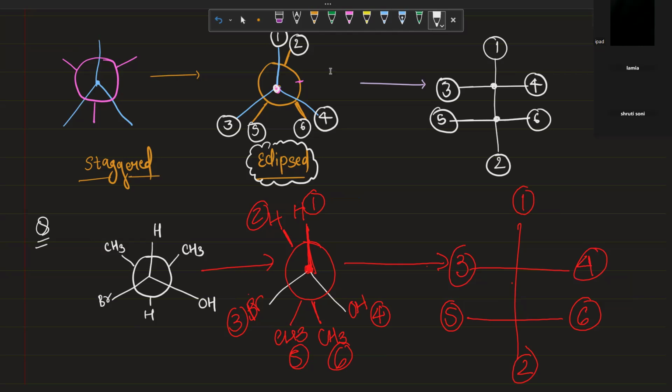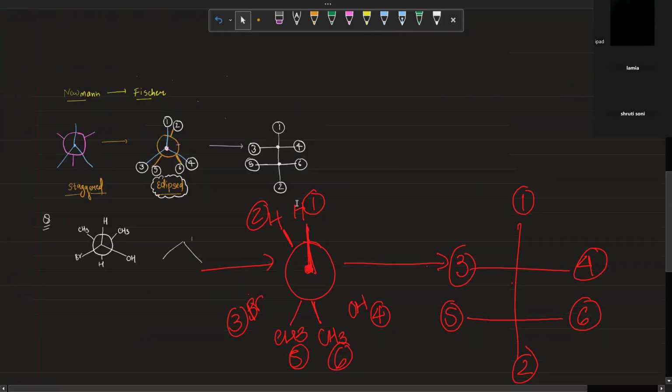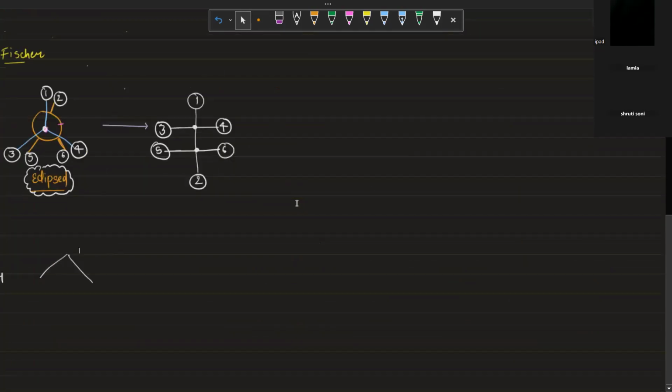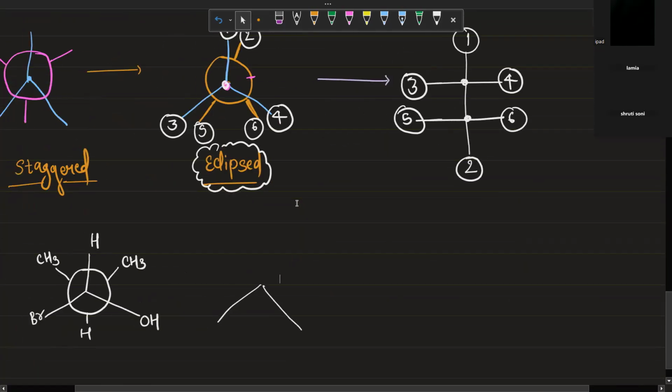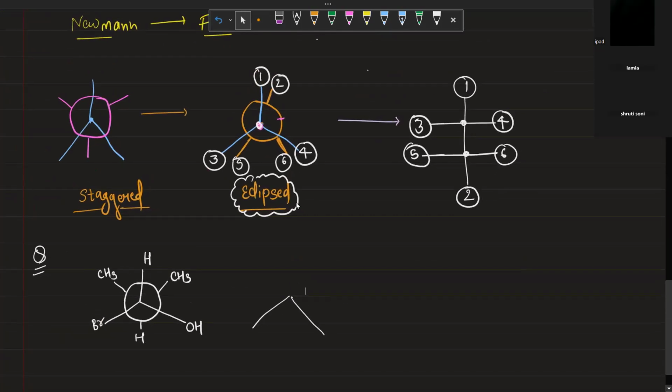Is that correct, ma'am? Yeah, it's correct. Now you need to give, okay, so how are you writing? It is first, and this is second, third, fourth, fifth, and sixth.